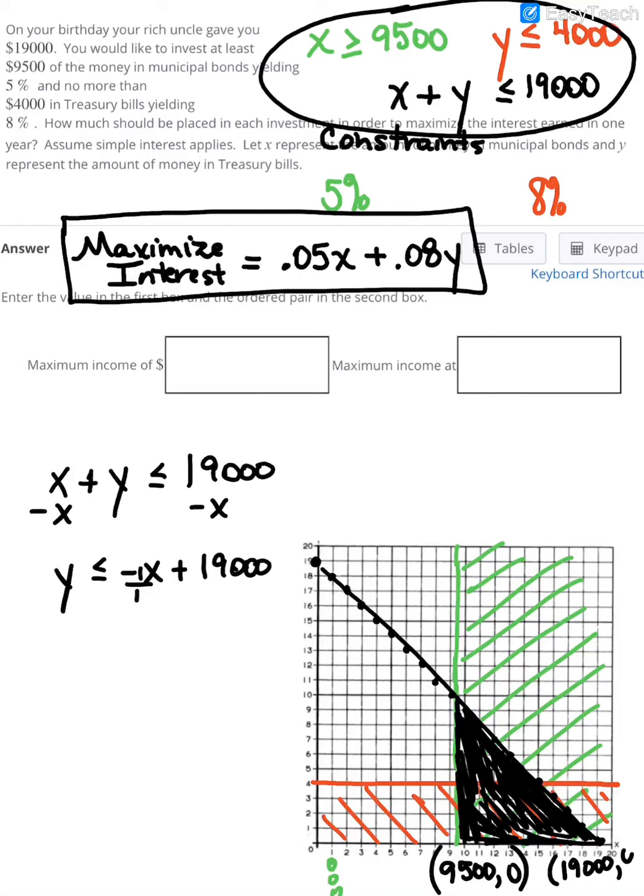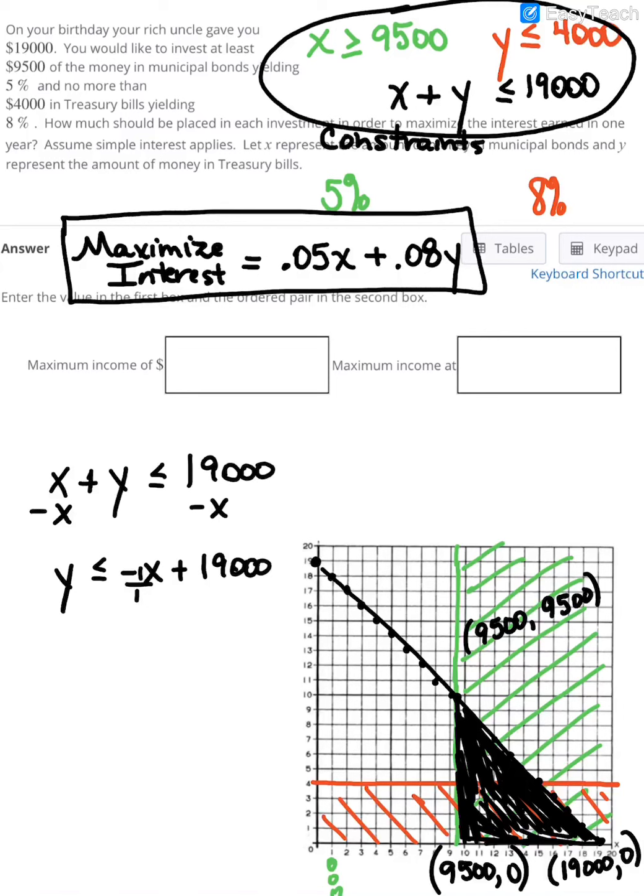The y value is also 0. And then if I look at here, I know that x value is 9,500. If I've graphed it accurately enough, I can probably read the y value off the graph, and even if I haven't, then I could actually calculate it, and it would also be 9,500 because we know together they had to add up to $19,000. So those are my corner points.